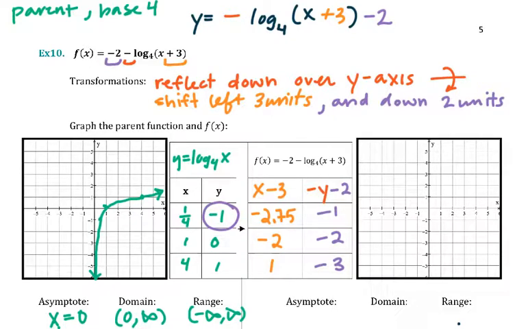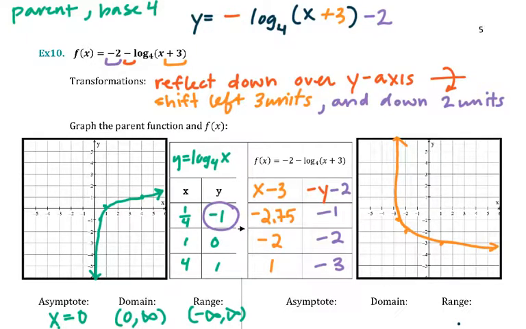So if we go to plot these points, we're over at negative 2.75, down negative 1. Negative 2, negative 2. And positive 1, negative 3. So my graph runs through these points and curves up right here.